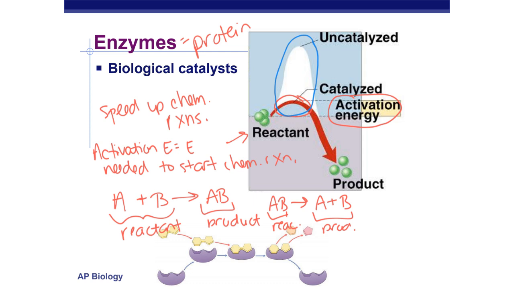So chemical reactions can be sped up by enzymes because they're going to lower the activation energy. So that's how an enzyme is going to speed up a chemical reaction. It's going to decrease that activation energy. It's going to take that mountain and turn it into a little hill so that the chemical reaction can get started faster.